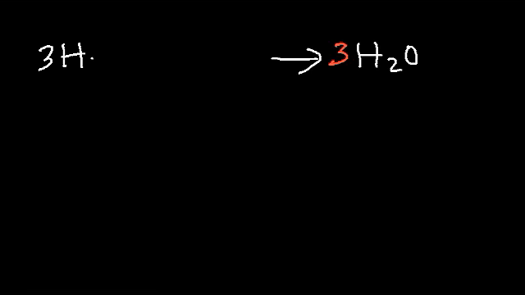So for H2O, we wanted 3 H2O molecules on the right side. So we need 3 H2 molecules here, and this is going to be 3 over 2 O2 molecules.